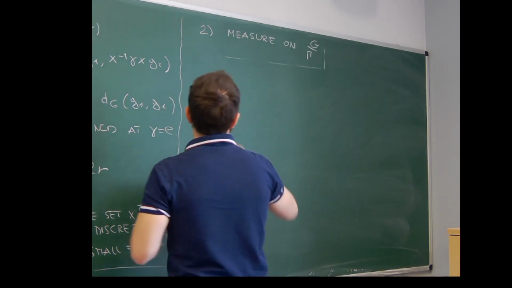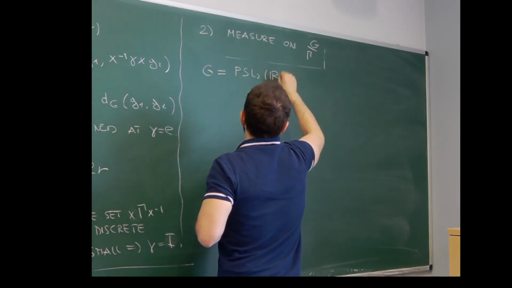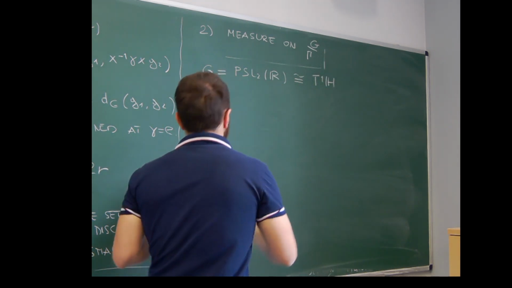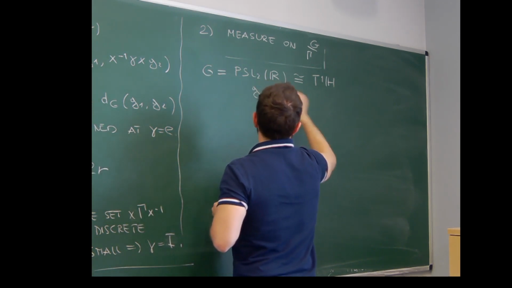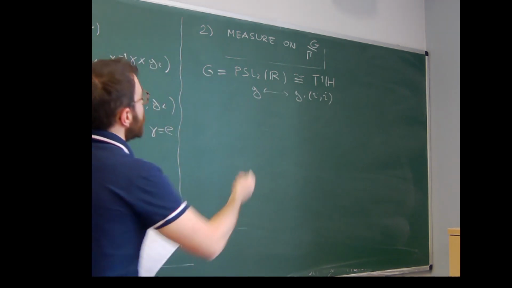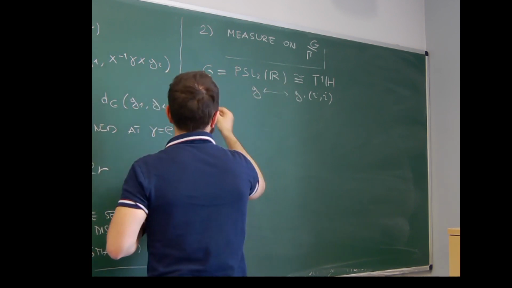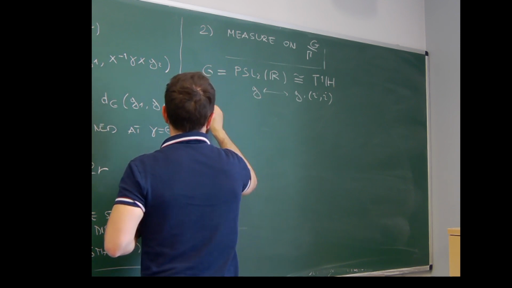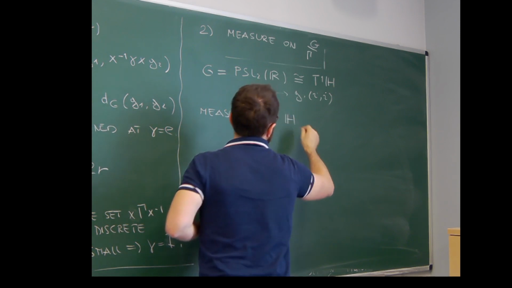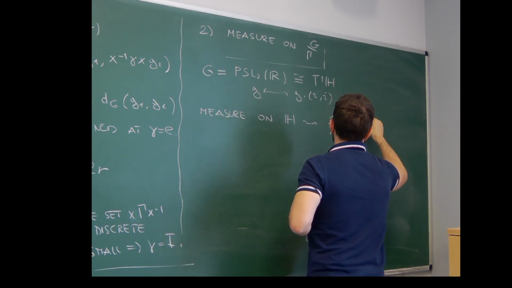Remember, for us, G is PSL2(R), which is also identified with T1H, through the usual identification that sends G to G acting on H. So first I want to construct a measure on G, and the way I do it is the following. I have a measure on H, which is just the hyperbolic area, 1 over y squared dx wedge dy.